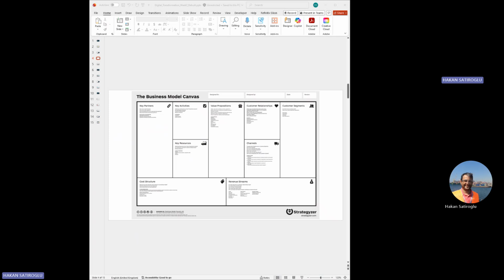Because transformation often changes not just one part of the business, but several parts at the same time, and the value proposition is in the middle, as you can see. A nice way to talk through it is actually from right to left. Start with the customer segmentation and value proposition.